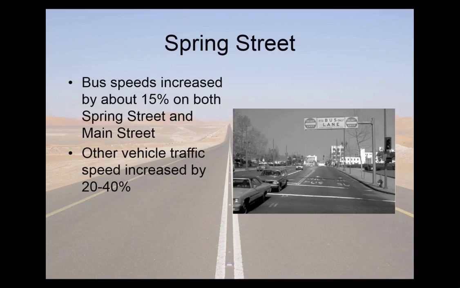An evaluation of the road found that bus speeds increased by about 15% on both Spring Street and Main Street after the bus lane was implemented. Other vehicle traffic also benefited with their speeds being increased by 20 to 40%. And this lane is still around, to the best of my knowledge, a relatively successful bus-only lane.